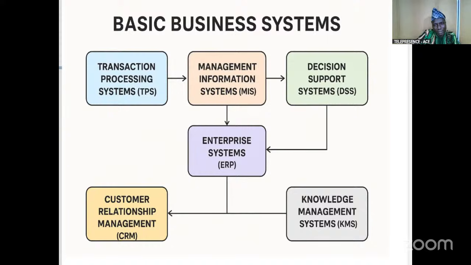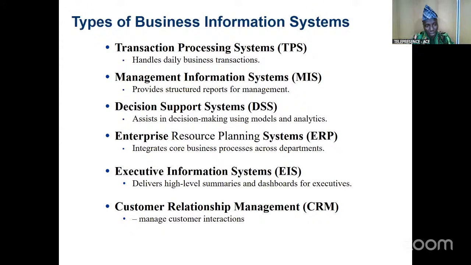Basic business systems. We have the transaction processing system. This is presented in a pictorial way. The basic business systems that we saw in the previous diagram are the transaction processing system, which handles daily business transactions.